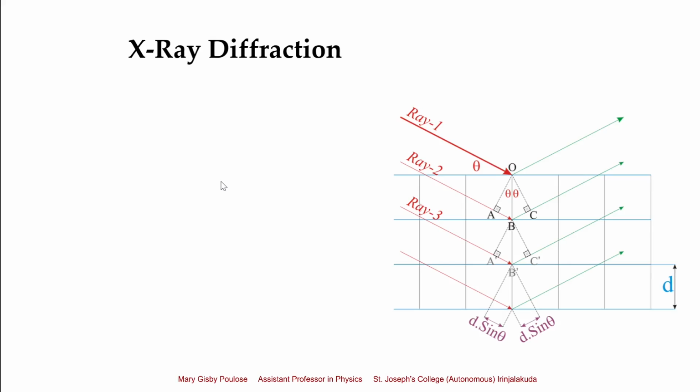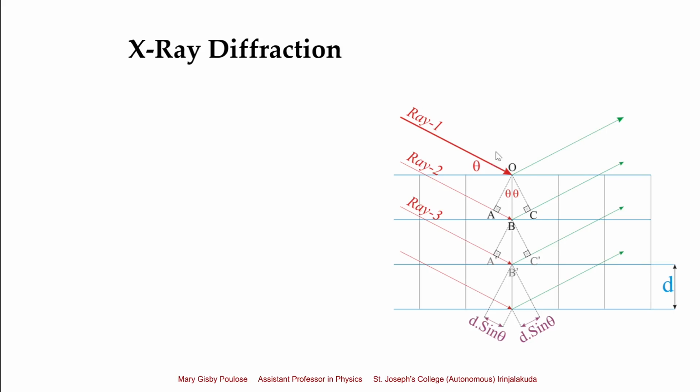Now, in this model the crystal lattice is assumed as a set of parallel planes, and each plane has an interatomic spacing, an interplanar spacing, of small d.